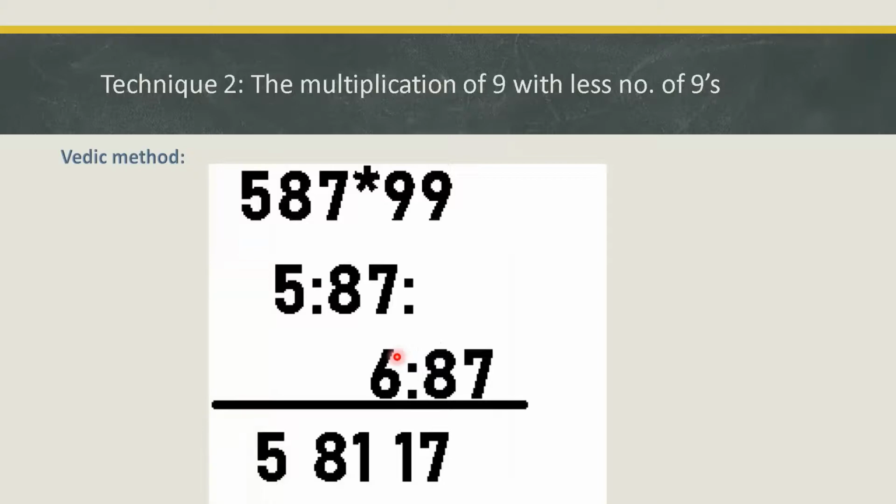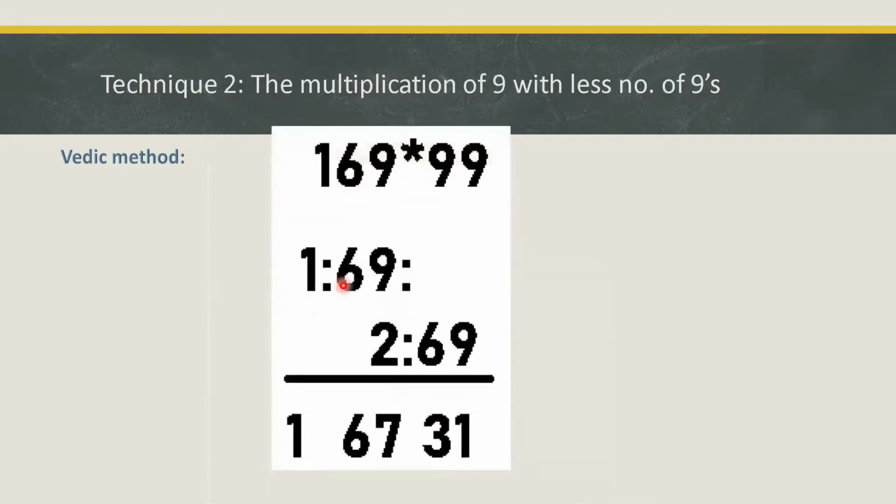The first digit, the hundreds place of each number, should be increased by 1, and we have to put it there as 7, as in 587. The last digit 7 has 6 below it, and in this arrangement only we should solve this problem. In this other example, 169 and 269, in the same way, 1 colon 69 colon, and below 9, the last digit of 169, 2 colon 69.